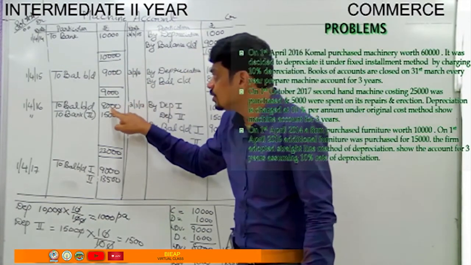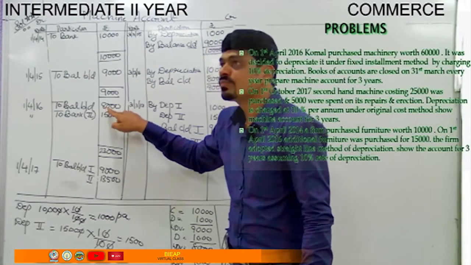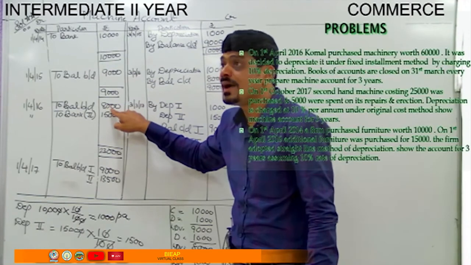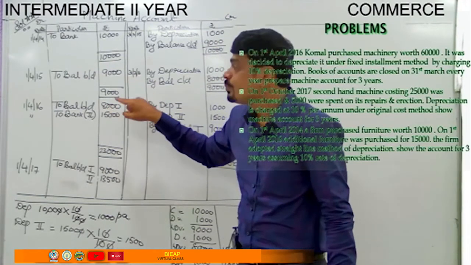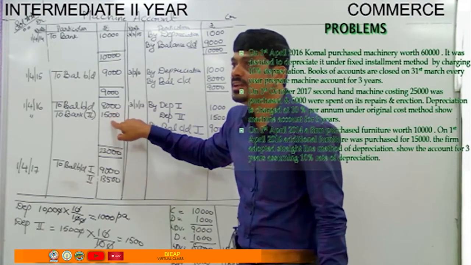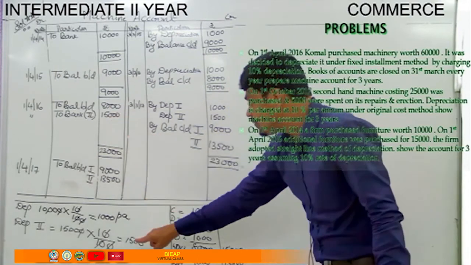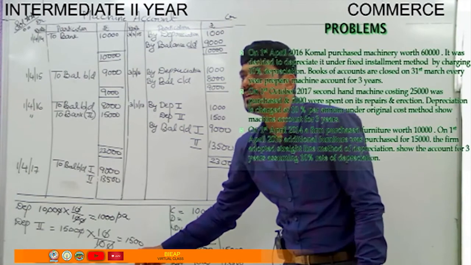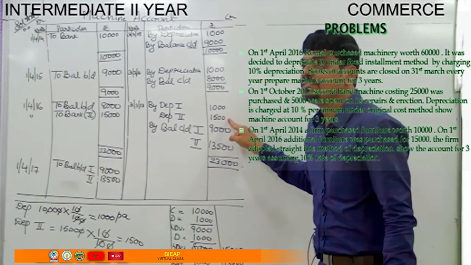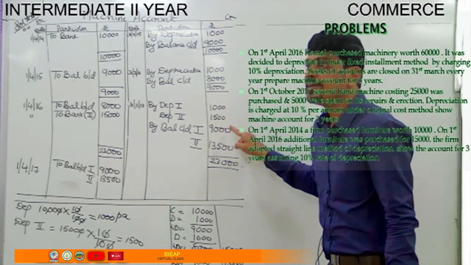When we came to the 3rd year, we brought down the balance 8,000, and there was an addition to the asset worth 15,000. For that 15,000, we calculated 1,500 depreciation. Here we charged 2 separate depreciations and got 2 separate values.